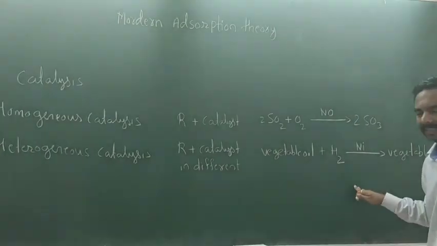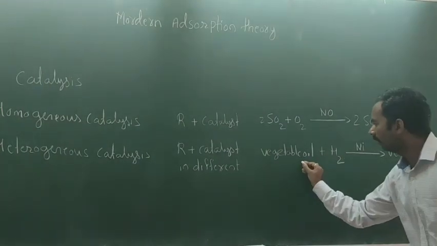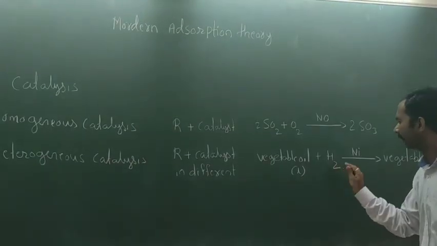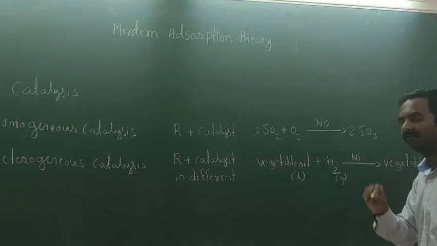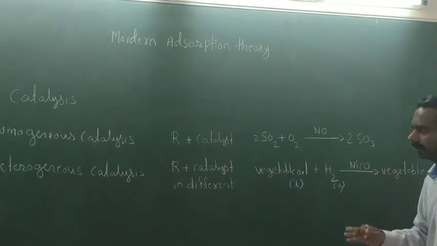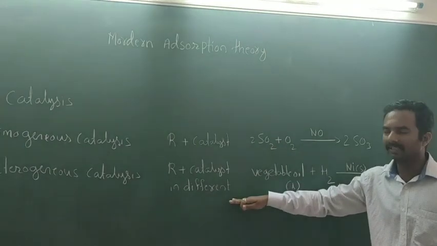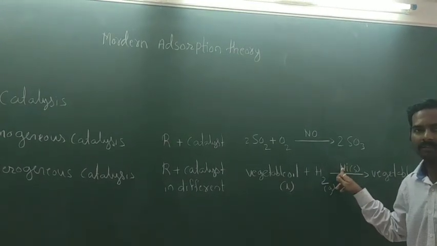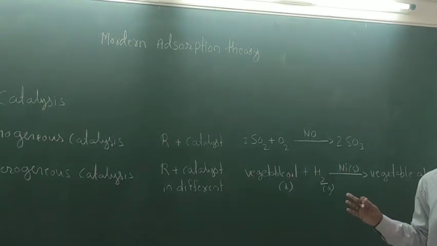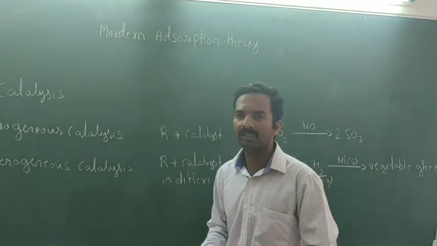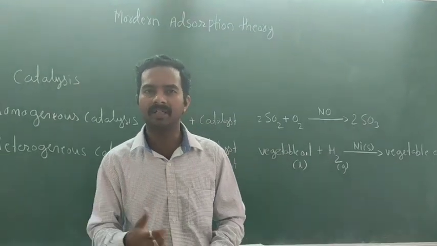In this case, vegetable oil is in liquid phase, hydrogen is in gaseous phase, and nickel is in solid phase. So in this heterogeneous catalysis, both reactant and catalyst are in different phases. These are the concepts of yesterday's classes.